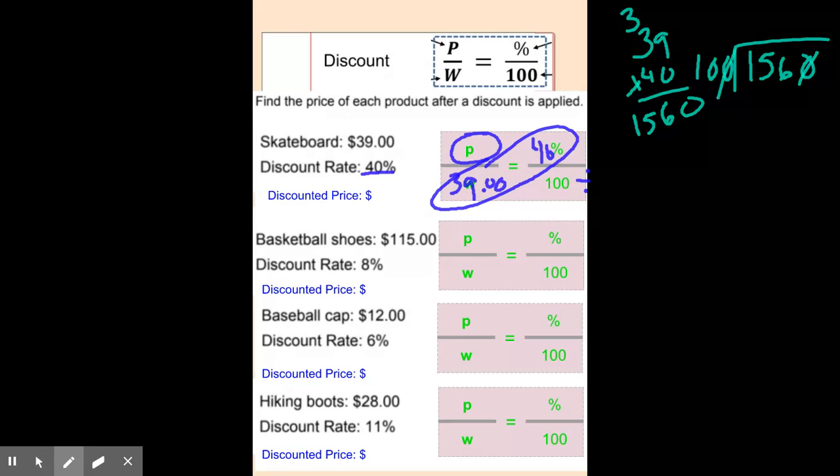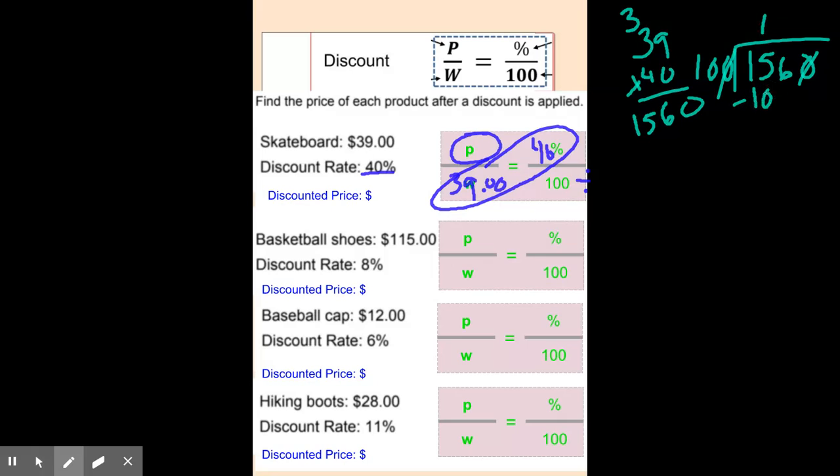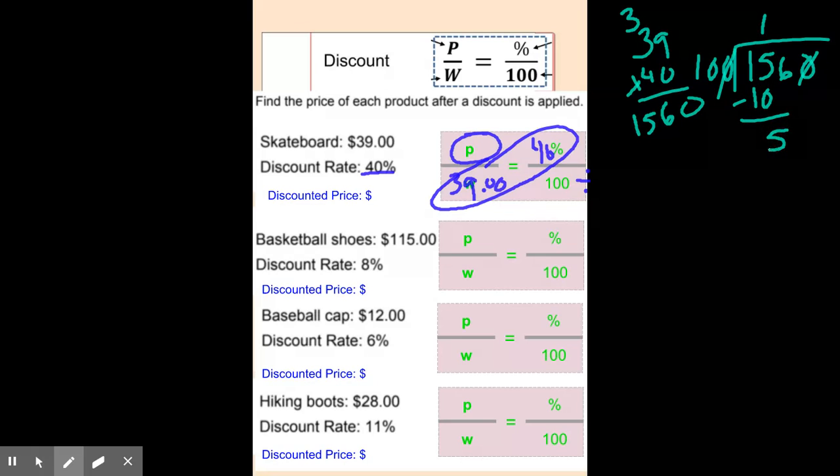Now 10 goes into 15 once, minus 10, 5, bring down the 6. 10 goes into 56 5 times. Remember, there's a decimal right here. 560, because we brought down a 0, and 10 goes into 60 6 times.